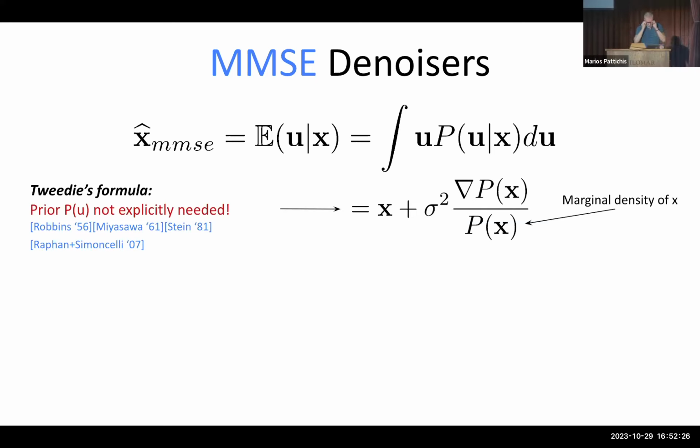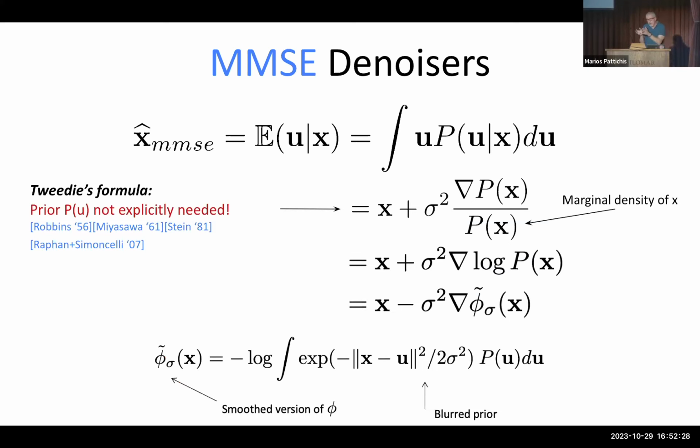divided by P. Now, you can rewrite that a little bit. Remember that gradient of P divided by P is just gradient of log of P, okay? And I can rewrite things by just changing the notation a little bit. And again, I have a very similar form, which is x minus sigma squared gradient of phi sigma x, except that I put a little tilde on top of it here.